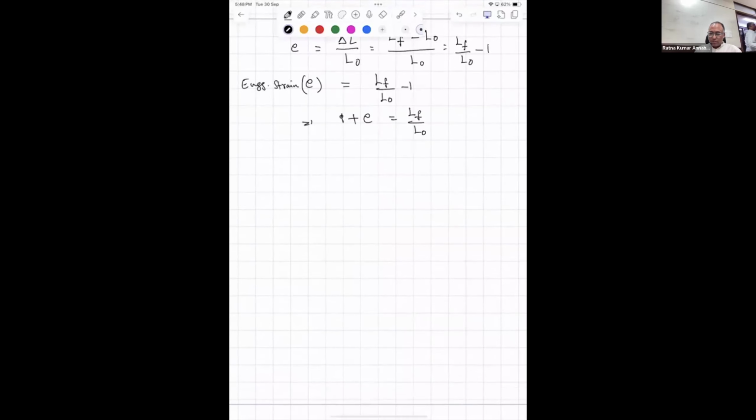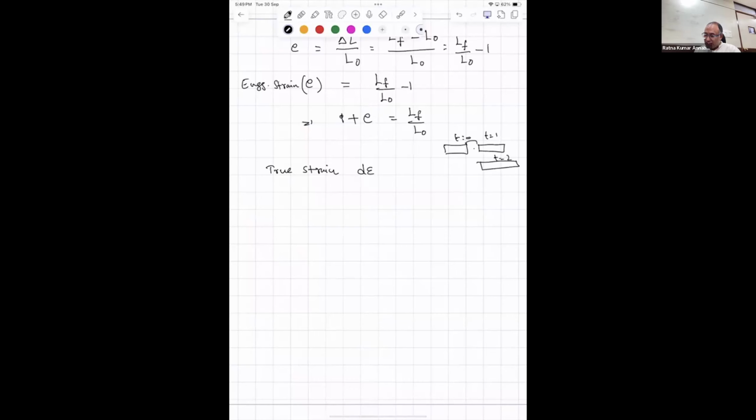Now, the true strain, that is d epsilon. That means if you take a bar and you are straining it, then at time t equal to 0 it is this, t equal to 1 it is this, t equal to 2 it will become like this, right?